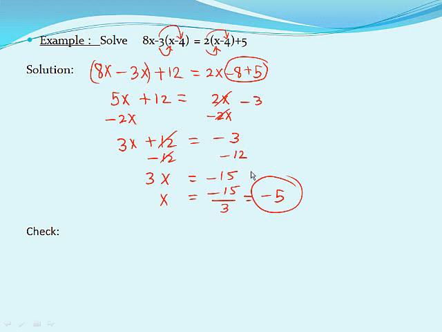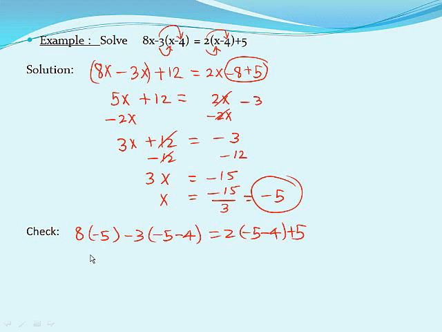Now we are going to check the answer by substituting in the original equation. 8 multiplied with x value, which is negative 5, minus 3 multiplied with (negative 5 minus 4), equal to 2 multiplied with (negative 5 minus 4) plus 5.